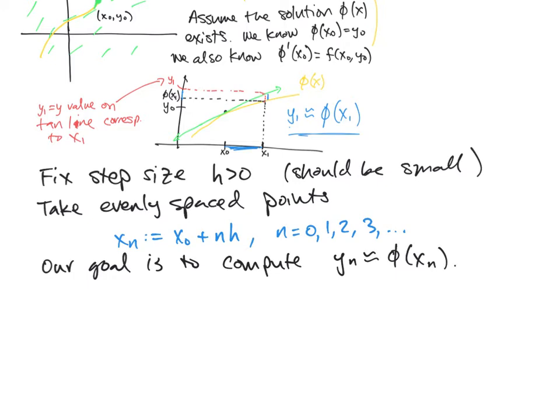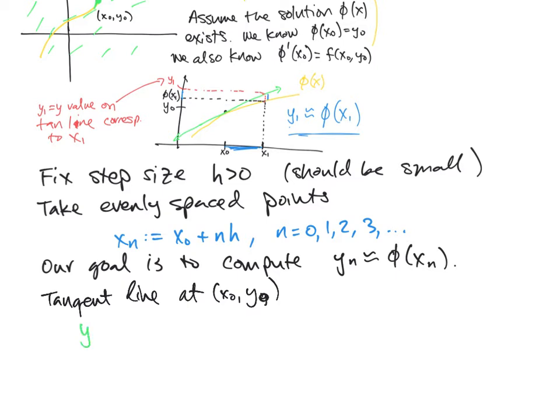Okay. So we just talked about how to compute our y1, and that was with the tangent line. So let's write out the tangent line at our point x0, y0. And that's just y equals mx plus b.